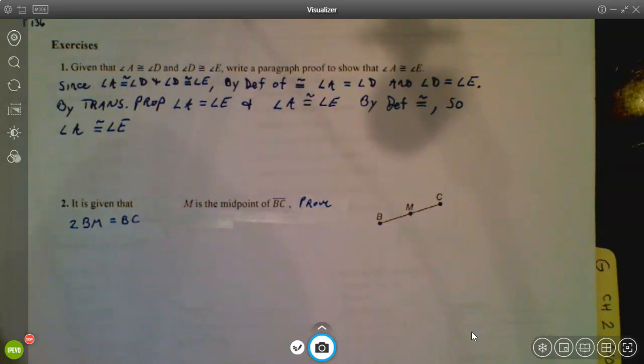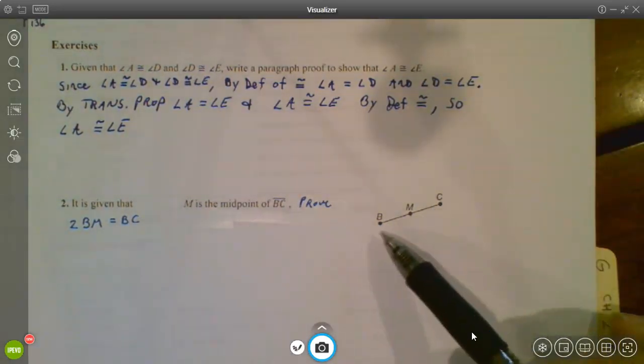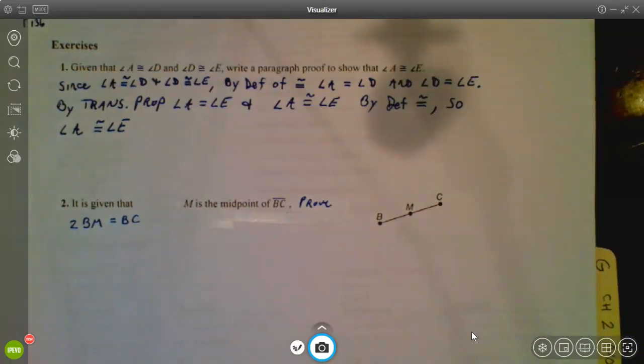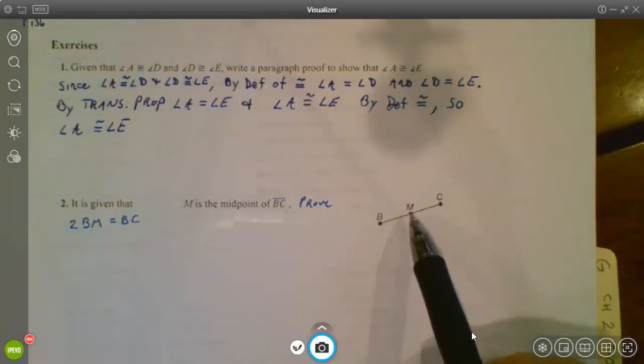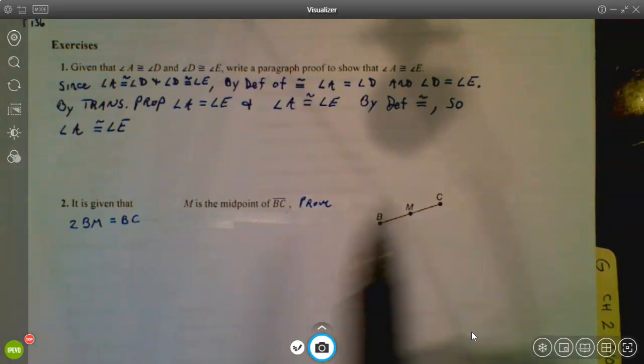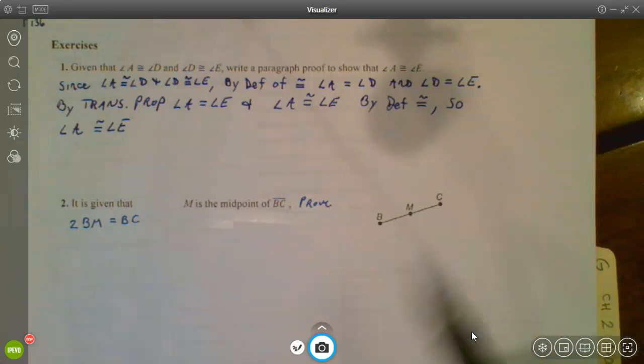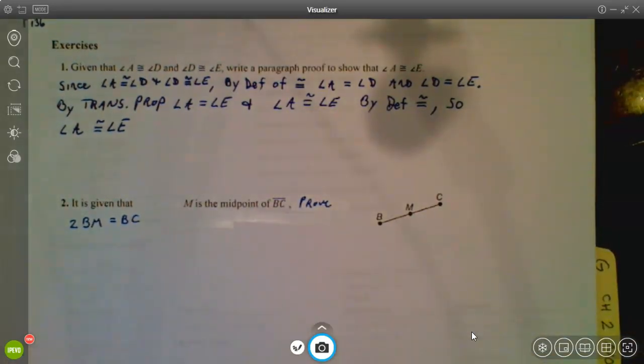So if you need to pause and write this one down real quick so you can do what we're about to do here. So again, we're given that M is the midpoint of BC, so think already about what that's going to tell you about this guy and this guy. We need to prove that 2 BM equals BC. Right? So again, we would start with our given information.